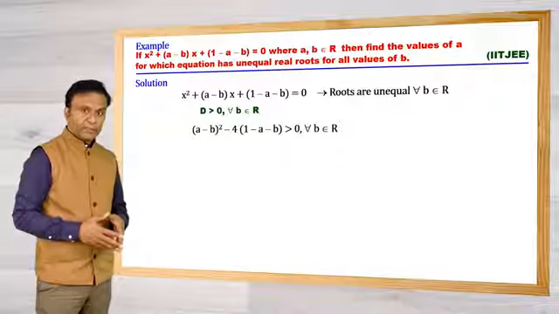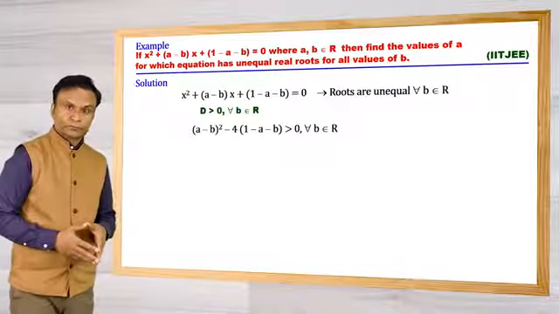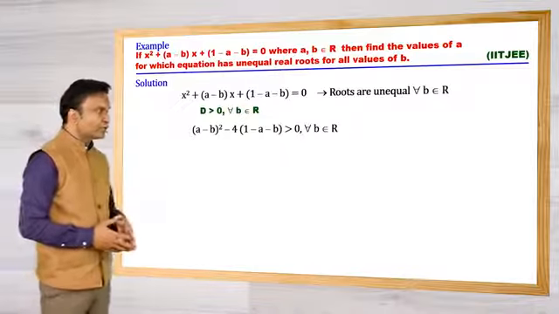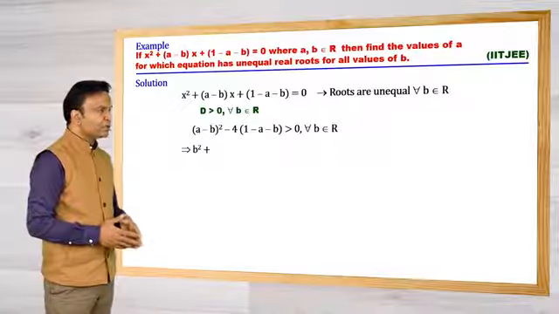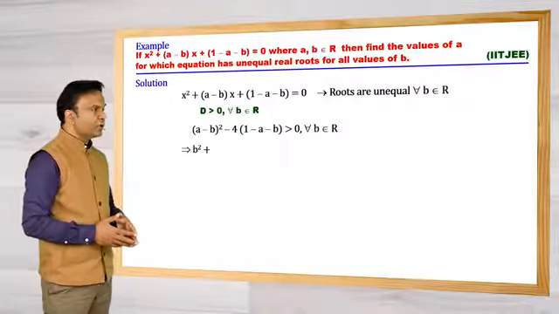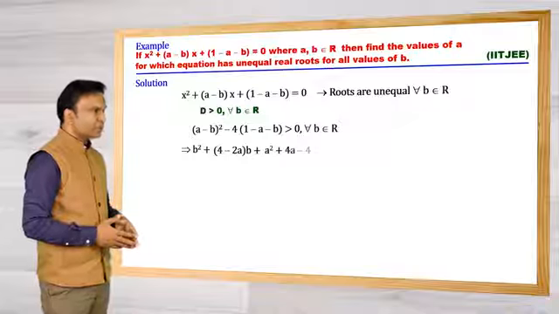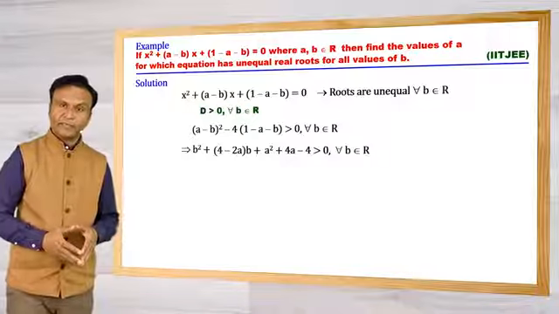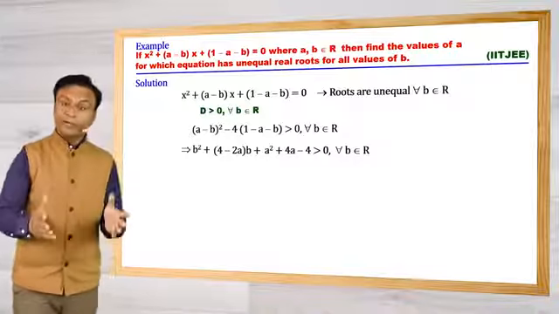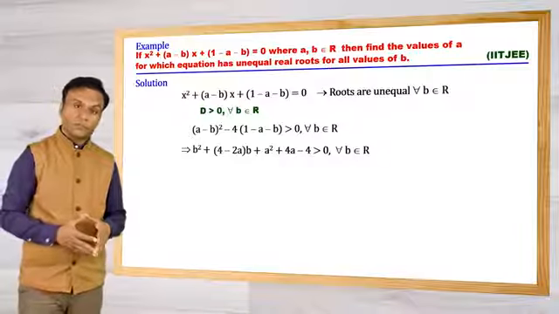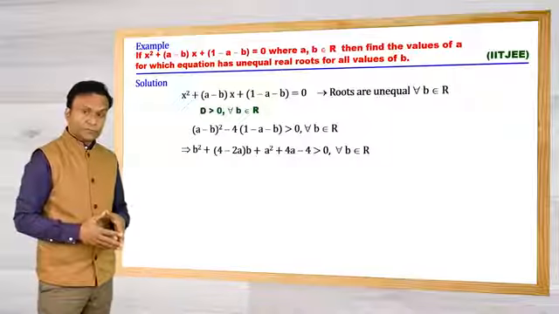That means we must consider a quadratic inequality in b. So we have this inequality: b square plus, collecting the coefficient of b, (4 minus 2a) multiplied by b plus a square plus 4a minus 4 greater than 0 for all b belongs to R. Now here we have a quadratic inequality which is positive for all b belongs to R. What are the conditions for this?